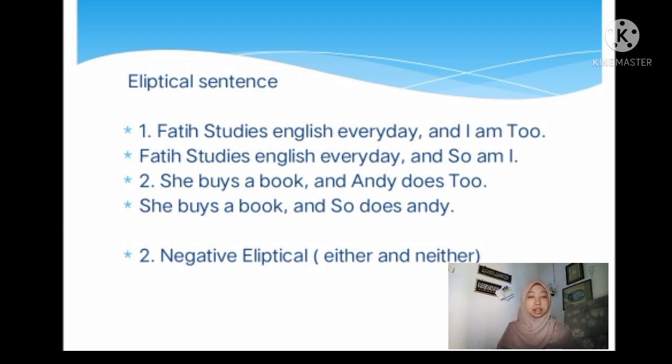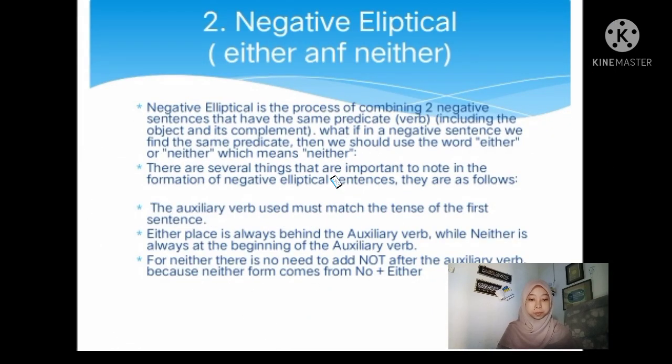Number 2. Negative elliptical, either and neither. Negative elliptical is the process of combining two negative sentences that have the same predicate or verb, including the object and its complement. What if in a negative sentence we find the same predicate? Then we should use the word either or neither, which means neither.